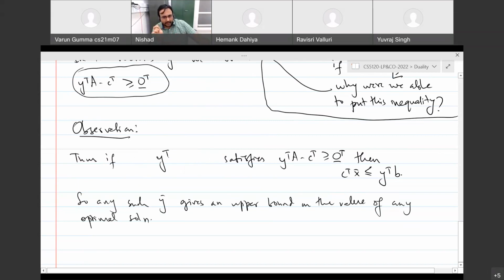If you have any vector that satisfies this condition for a linear program in standard equality form, as we started in our example, then your objective value c transpose x bar will be upper bounded by y transpose b. So this is true for any LP that looks like maximize c transpose x subject to Ax equals b and x at least 0.